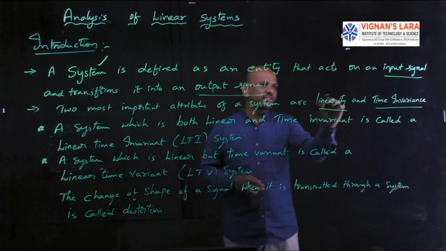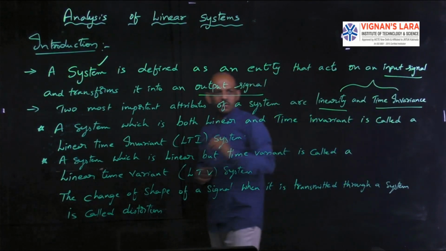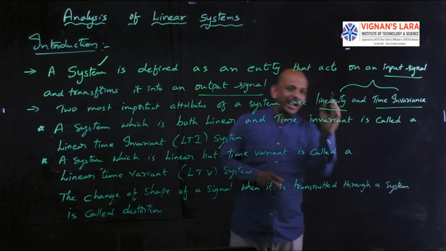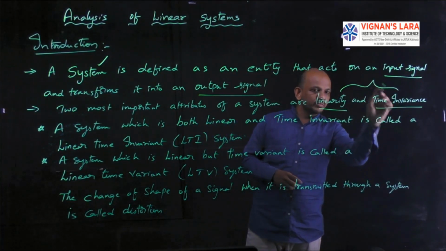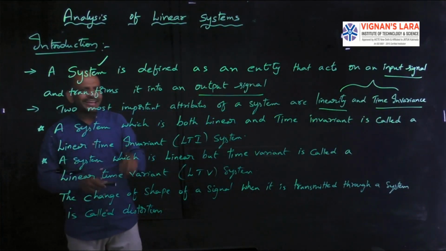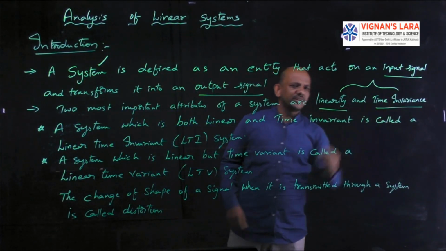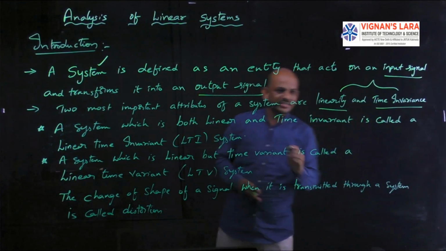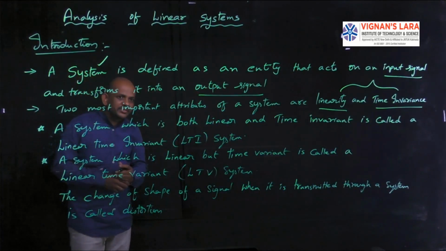Based on the combination of these two important attributes, we have two important types of systems, that is linear time invariant system and linear time variant system. First we have to know what a linear time invariant system is.